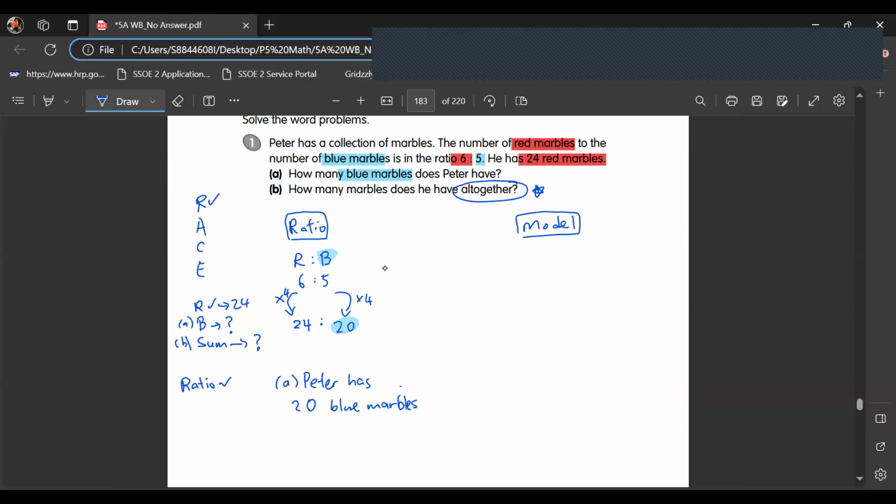Before we move on to B, I draw the method for the model. So I can draw red is to blue. Red is 6 units. 1, 2, 3, 4, 5, 6. And then blue is 5 units.